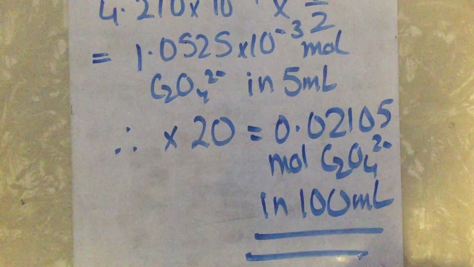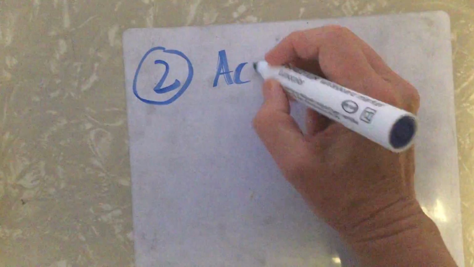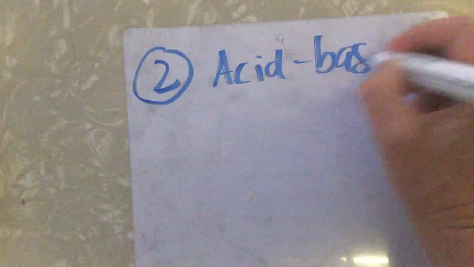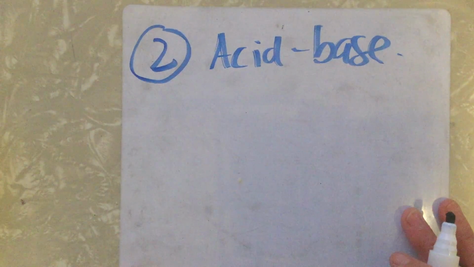Okay, so now we're going to look at test 2. Looking back at the question, what we're doing in test 2 is we're taking 10 mils of our mixture and we are titrating that against sodium hydroxide. So this is an acid-base titration. Okay, so let's start with what we've got in the question.